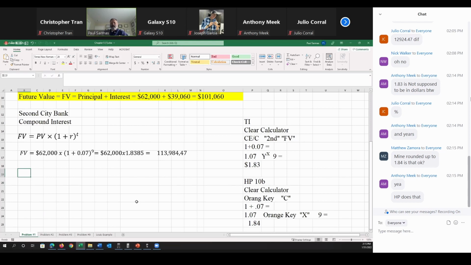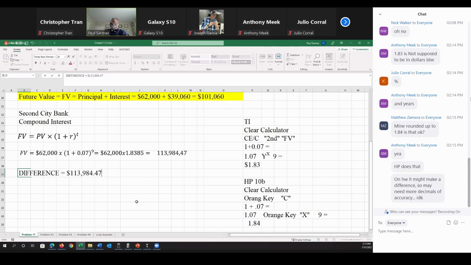So the difference, and that's what the question is: 113,984.47 minus $101,060. That will give you the difference.